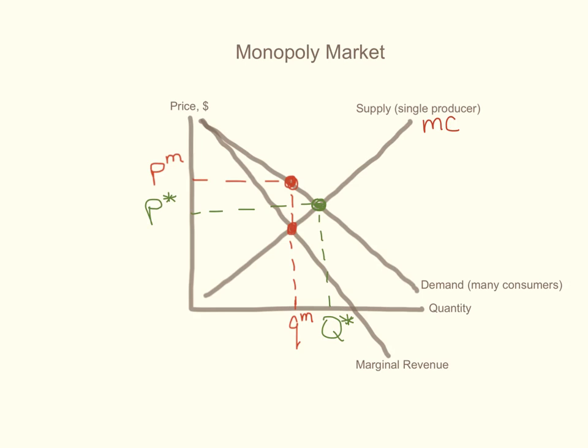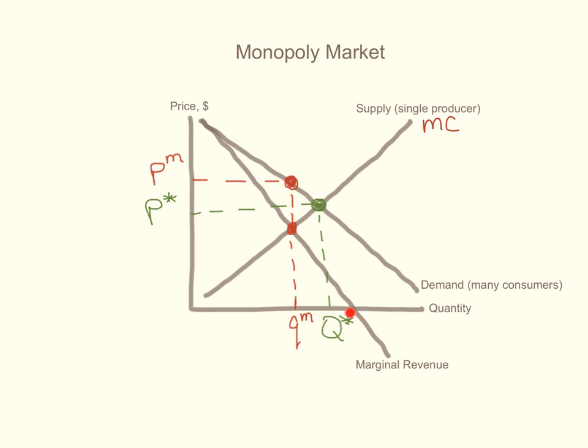Clearly, under a monopoly market, the market price is higher than in a competitive market. And this is exactly because there's only one producer, and that producer exerts influence. There's no competing producers driving down the market price. As a result of the higher price, there's also fewer economic transactions that occur.